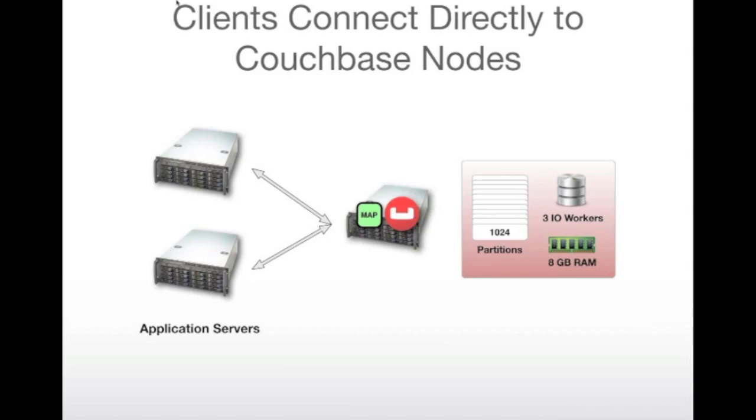So we have these partitions that get redistributed across servers when you add new nodes to the server. So we have a map of all these 1024 partitions and where they live in the cluster. Right now, there's only one node of Couchbase, so all 1024 partitions are on that one Couchbase node. When clients connect to the Couchbase cluster, in this case it's just one node, they actually retrieve that map, so they know exactly which partitions live on which server.